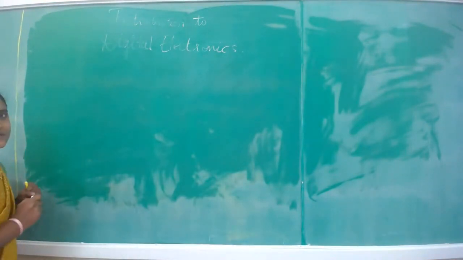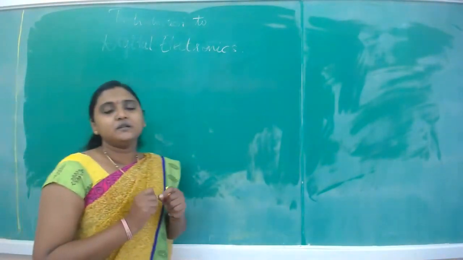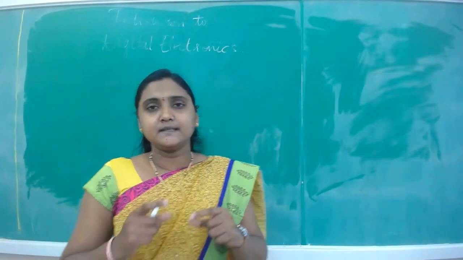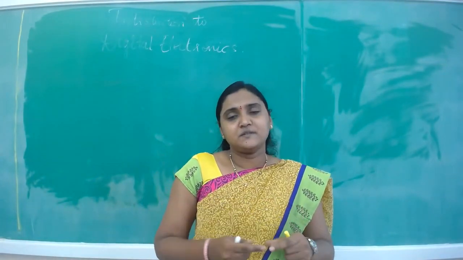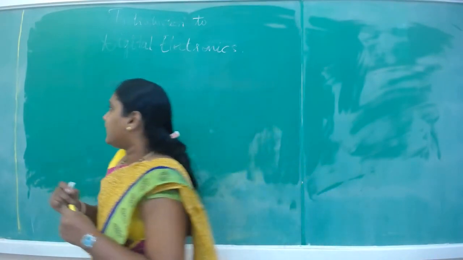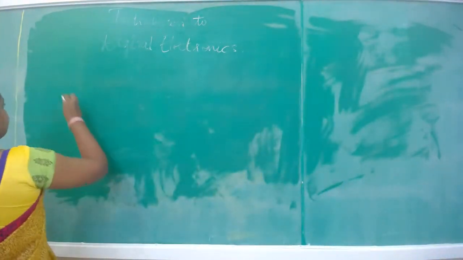I will write the two systems available, analog systems. So totally what we are studying here are the systems, otherwise the circuits or devices which are available with us. So I am writing about the systems, that is, analog and digital systems.